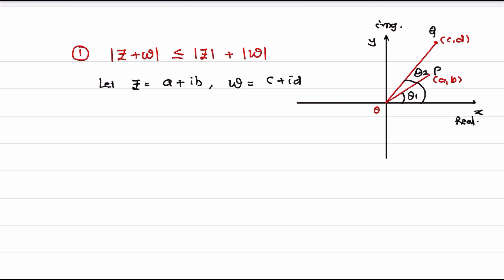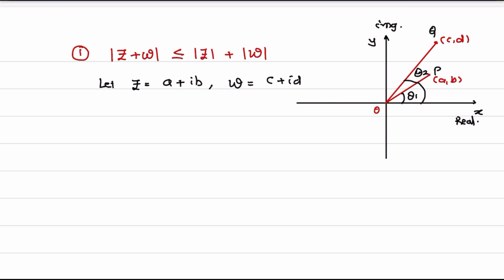Let this angle be theta 2. When these two are added, what happens? The modulus of it will be less than or equal to modulus of Z plus modulus of W.